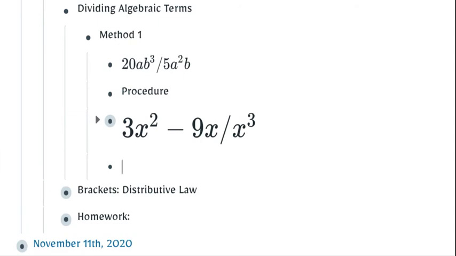Step one? Cancel the common factors. Cancel common factors. But there's going to be an interesting question. We can actually say there's a relationship between 3 and 9, correct? Yes, sir. Right.